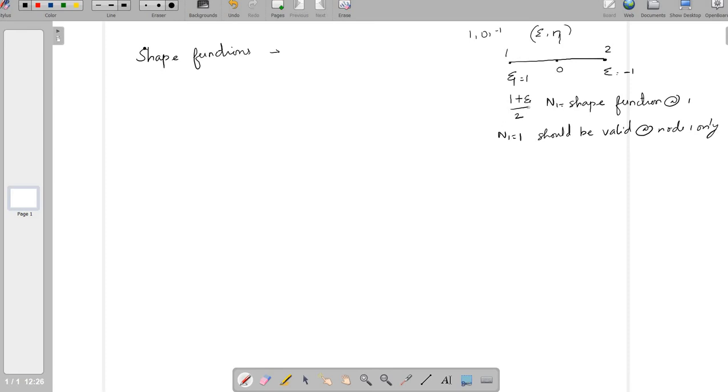I have to formulate the expression in such a way that if you substitute the coordinate of epsilon in this equation, it should give n1 equal to 1.